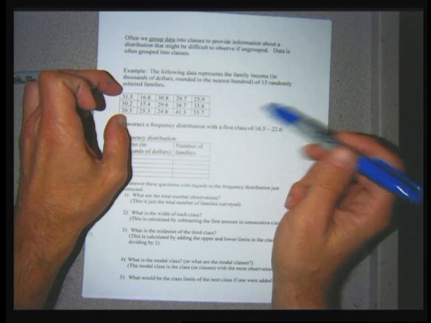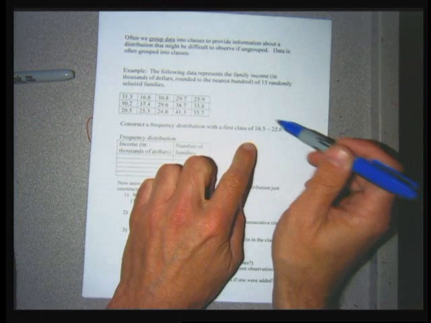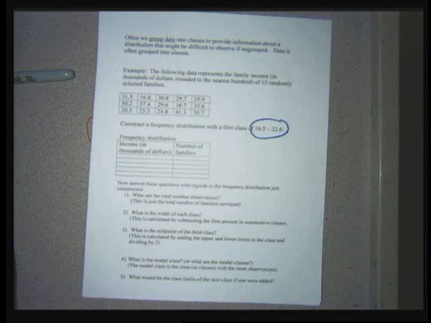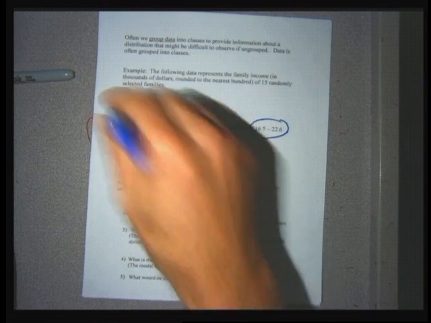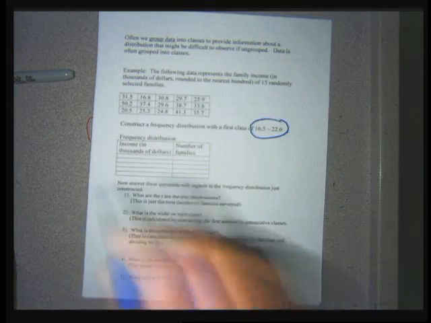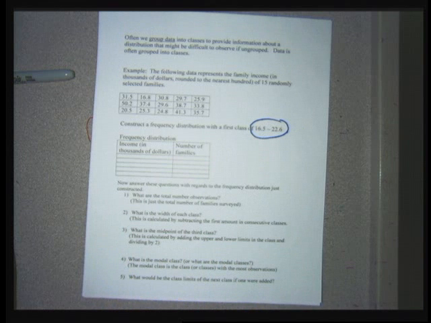So I'm going to group the data, and you need to really be told how to group the data. If you're not told, you can decide for yourself, but our author doesn't ask us to be creative. So our author wants us to make a frequency distribution, but instead of making each number in the data its own row, I need to group the data.